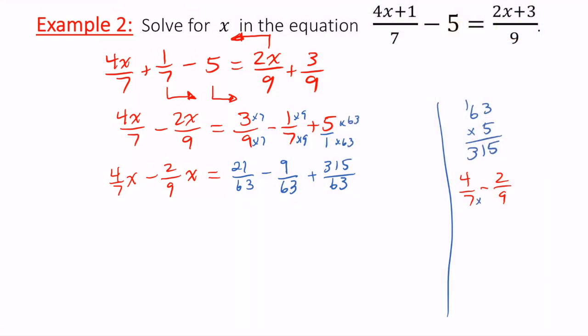And I'll find a common denominator, and in this case it's 63 again. So multiply the left fraction by 9 and the right one by 7. And we have 36 over 63 minus 14 over 63. And that leaves us with 22 over 63. Perfect.